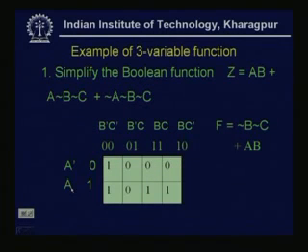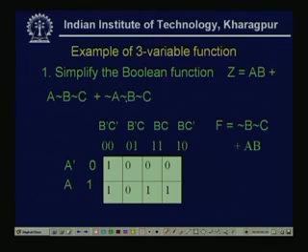If we see the first one, it is A B plus A B bar C bar plus A bar B bar C bar. Now, one thing we notice here: this is a 3 variable function, but in the first min term A B, one literal is absent.